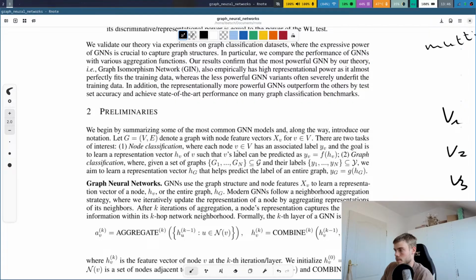We aggregate the nodes, we apply a function to that. So we aggregate the nodes, this we call then Hg, and we process this graph embedding through a function to get the output.